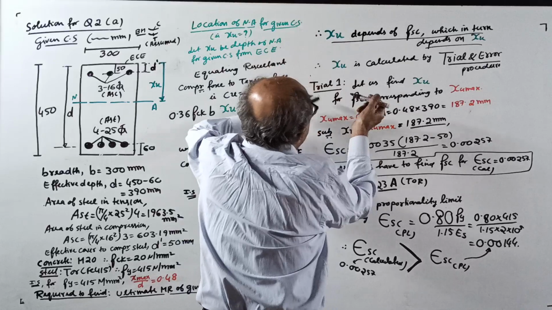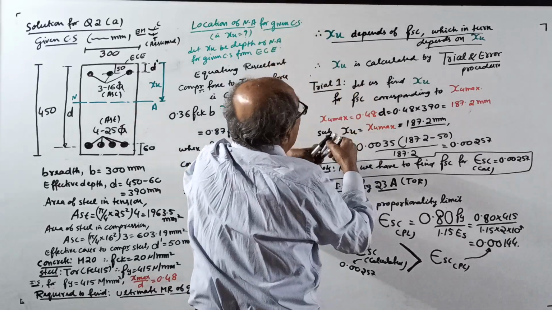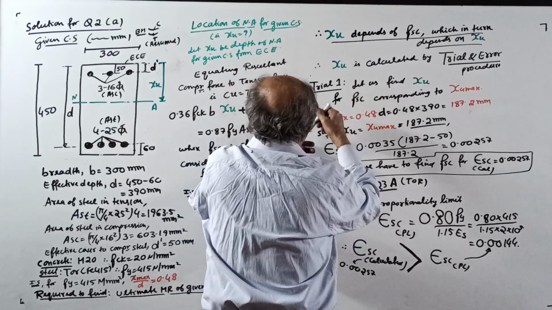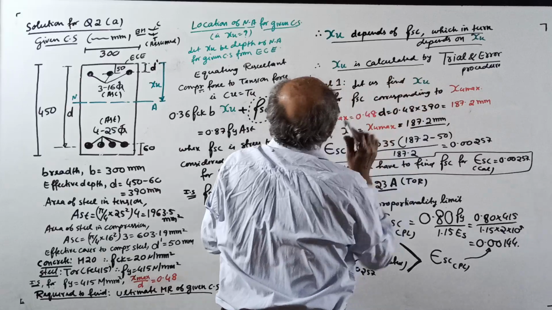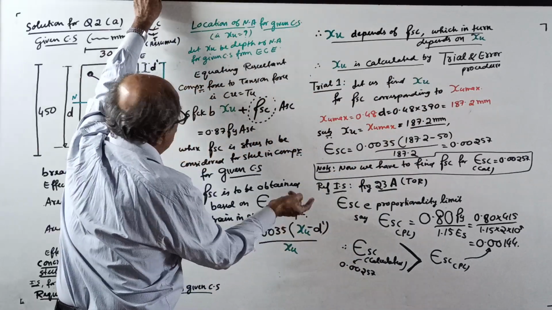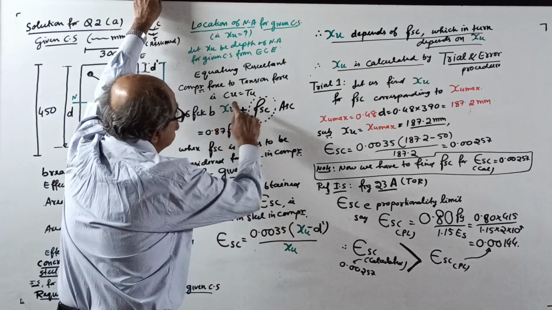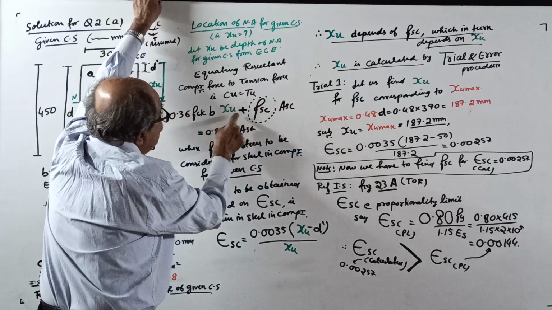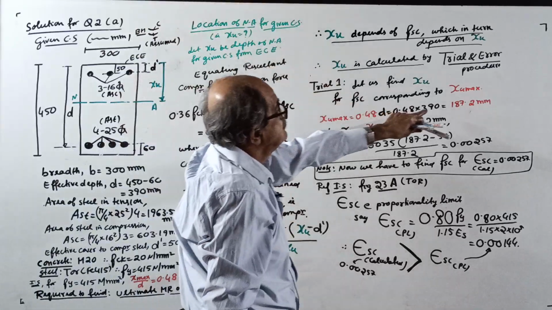So I told, therefore, xu is to be calculated by a trial and error procedure. Okay, remember, trial and error. Now start. First, trial 1. What you do is, see, unless you get fsc, you cannot find xu. So this fsc, for this equation, you find for xu equal to xu max.